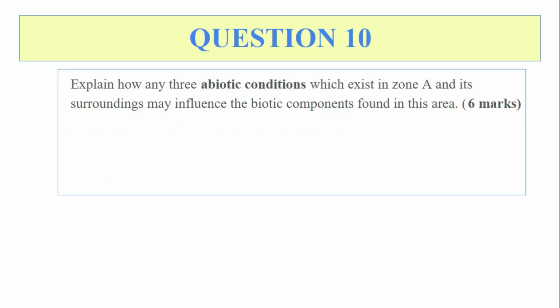Question number 10. Explain how any 3 abiotic conditions which exist in zone A and its surrounding may influence the biotic components found in this area, and that is 6 marks. Alright, explain how any 3 abiotic conditions.